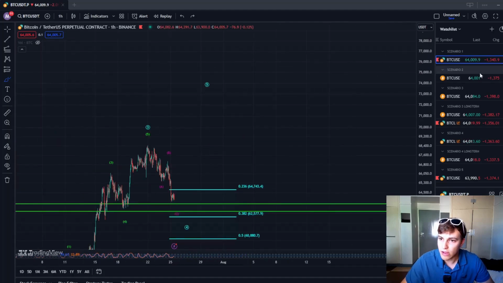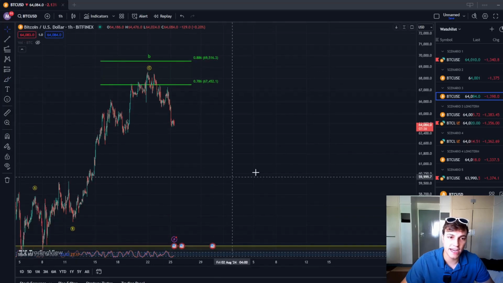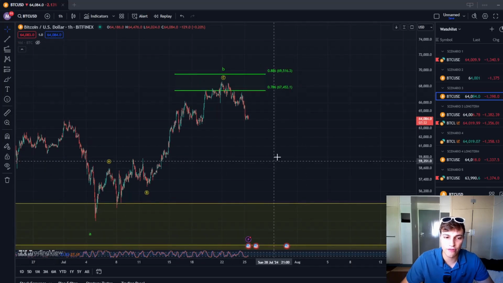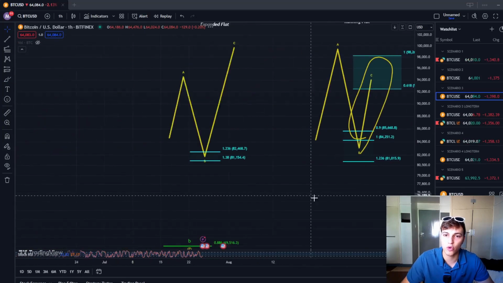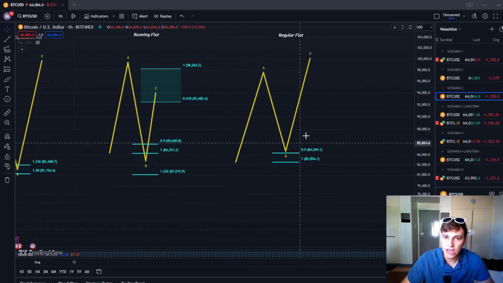Now, for the bearish scenario from this range, we are still looking at this B wave target with an extended C wave. In this, we would have something called a regular flat, which is this.